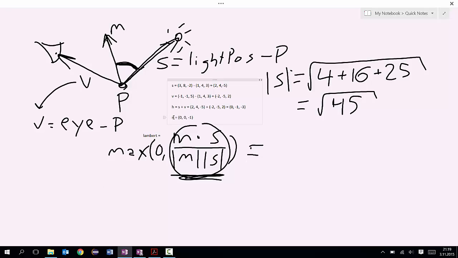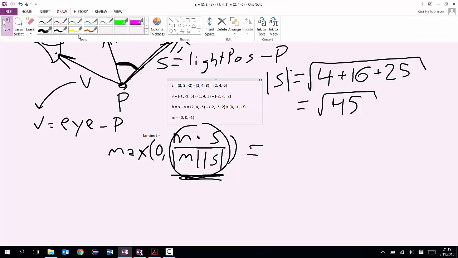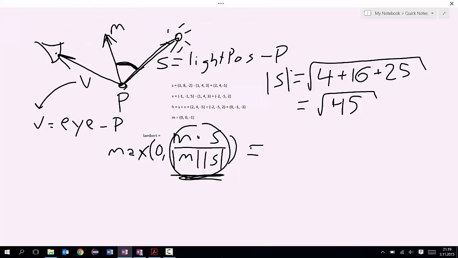so this should be m in this case, that's the letter we're using. So m dot s will be 0 times 2 plus 0 times 4 plus minus 1 times minus 5. So if we go back in drawing mode here, that gives us basically 0 plus 0 plus minus 1 times minus 5 is 5, divided by the length of m.